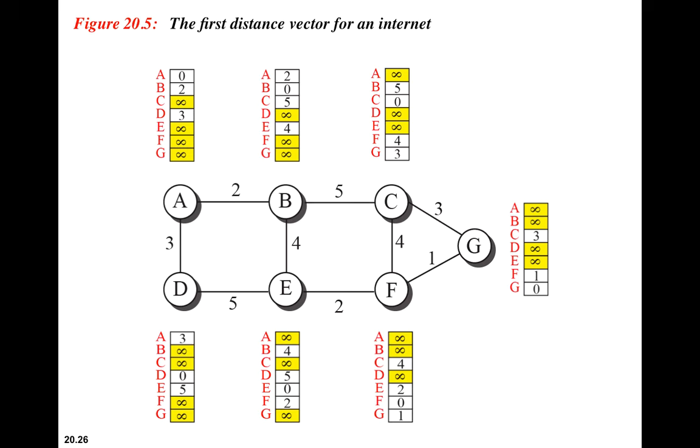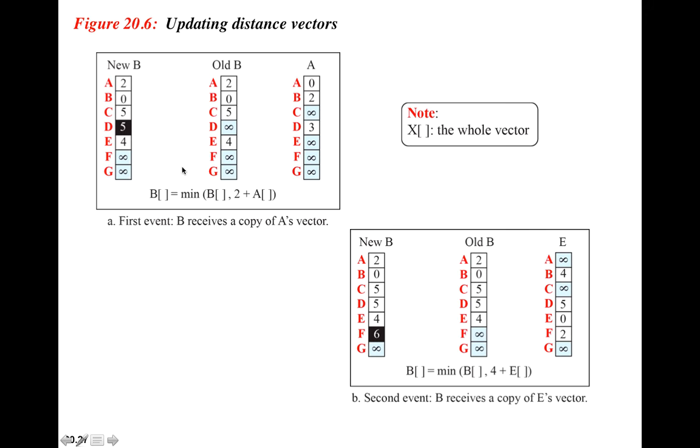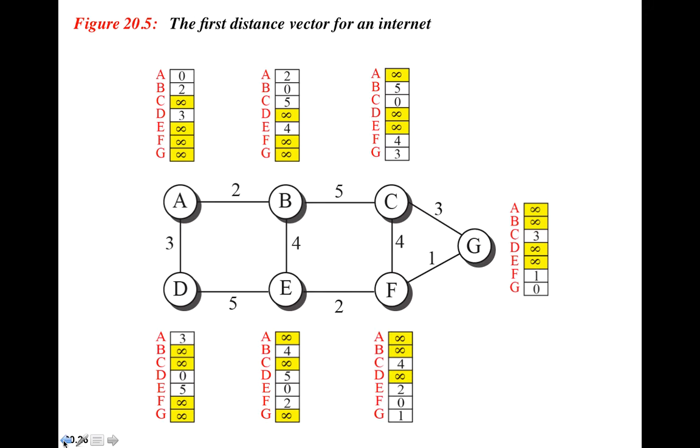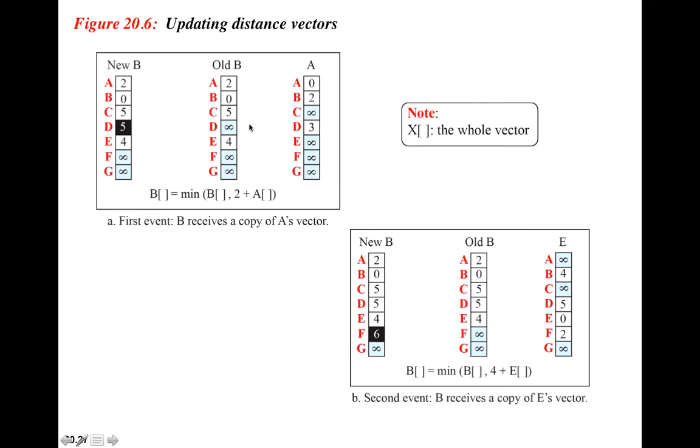Now looking at how this exchange of information takes place between the nodes. A has now sent its vector to B. And now let's see how B gets updated.